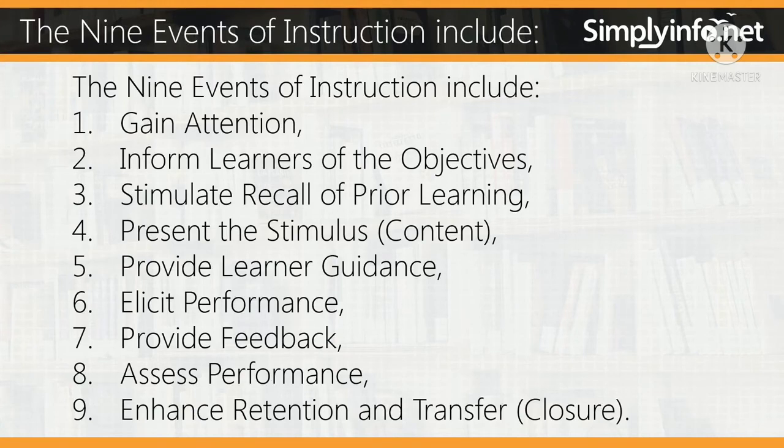The 9 events of instruction include: number 1, gain attention; number 2, inform learners of the objectives; number 3, stimulate recall of prior learning; number 4, present the stimulus content; number 5, provide learner guidance; number 6, elicit performance; number 7, provide feedback; number 8, assess performance; number 9, enhance retention and transfer closure.